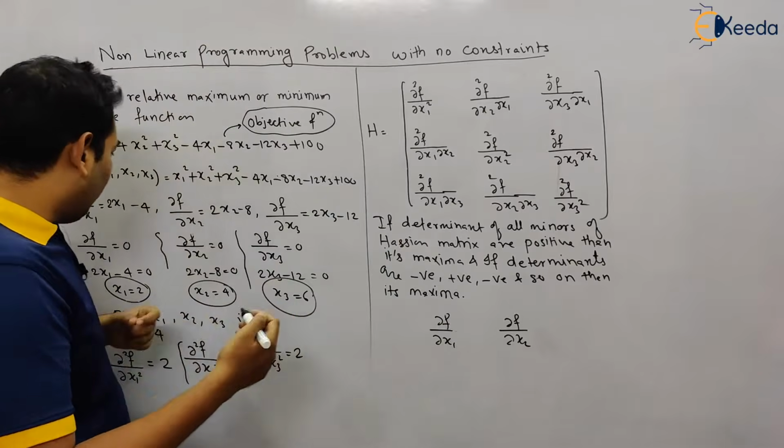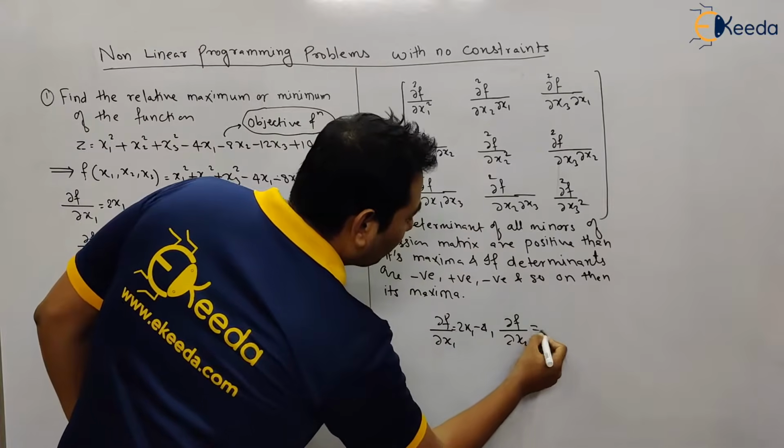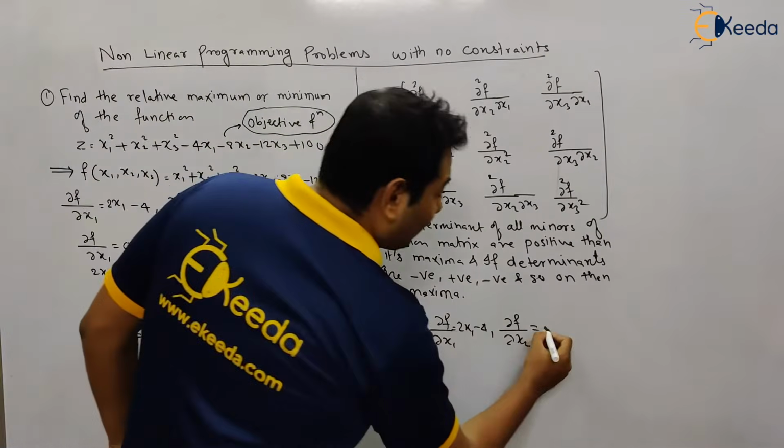Let us do it for both the terms. See here, it is 2x1 minus 4, so there should be no confusion. ∂f/∂x2 is 2x2 minus 8.